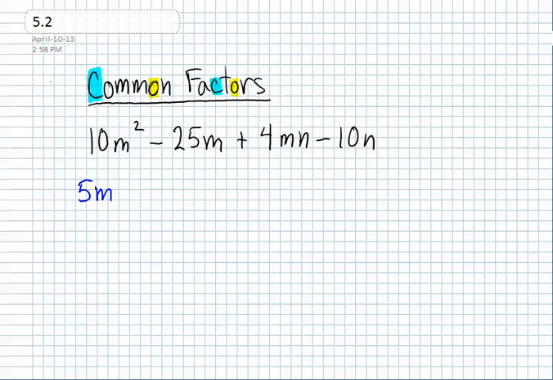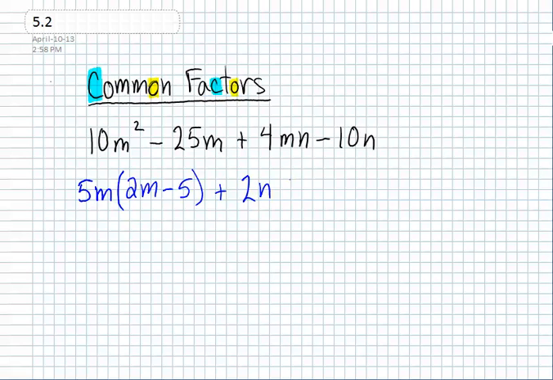Okay, so hopefully you saw that 5m was the common factor between 10m squared and negative 25m, leaving us with 2m minus 5. Okay, well, let's have a look at the second set of numbers as well then, and see if you can come up with what is common there and factor it out and what's left over. Alright, so hopefully you see that the 2n is what's common to both there.